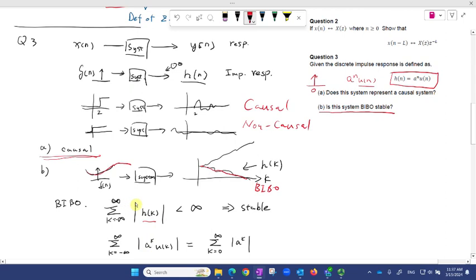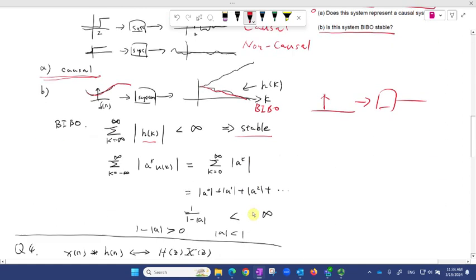So if you give an impulse to the system, and if the sum of all the response is less than infinite, then we will say this is stable.